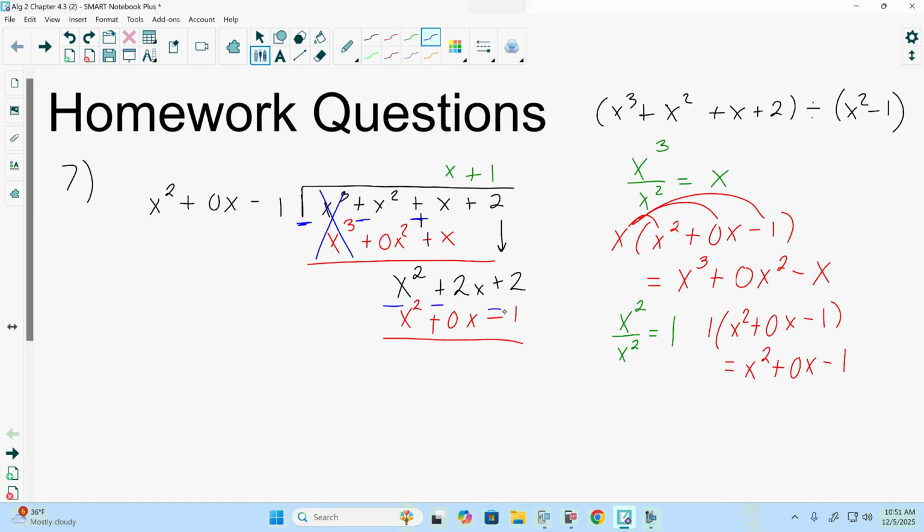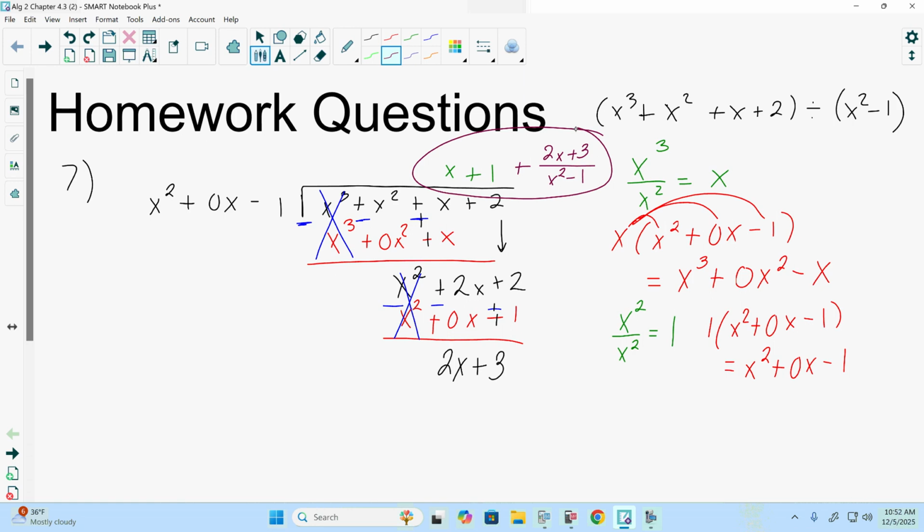Then we will subtract: x squared minus x squared is 0. 2x minus 0x is 2x. And 2 minus negative 1 is going to be positive 3. Giving us 2x plus 3 as our remainder.